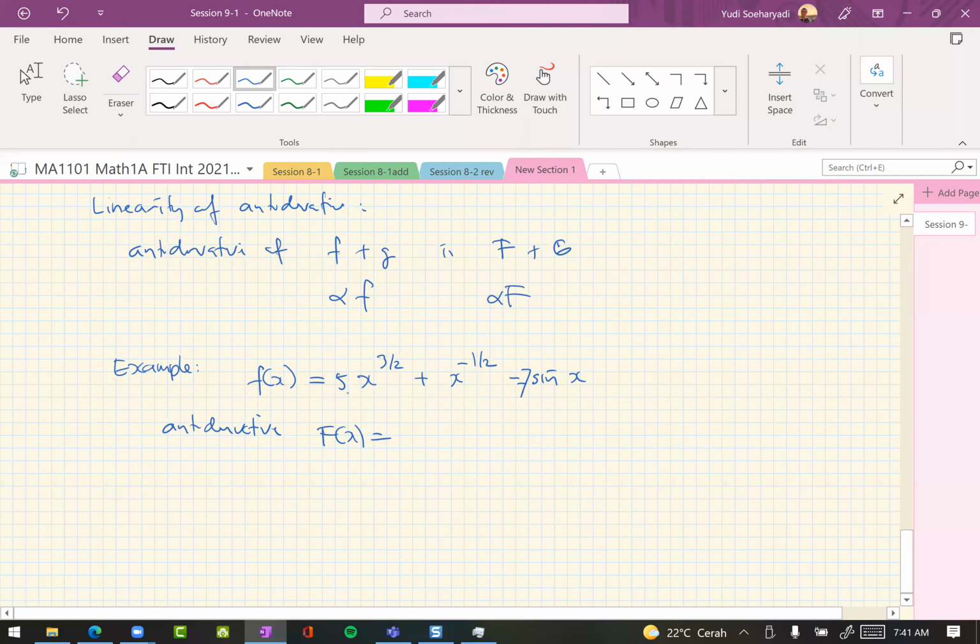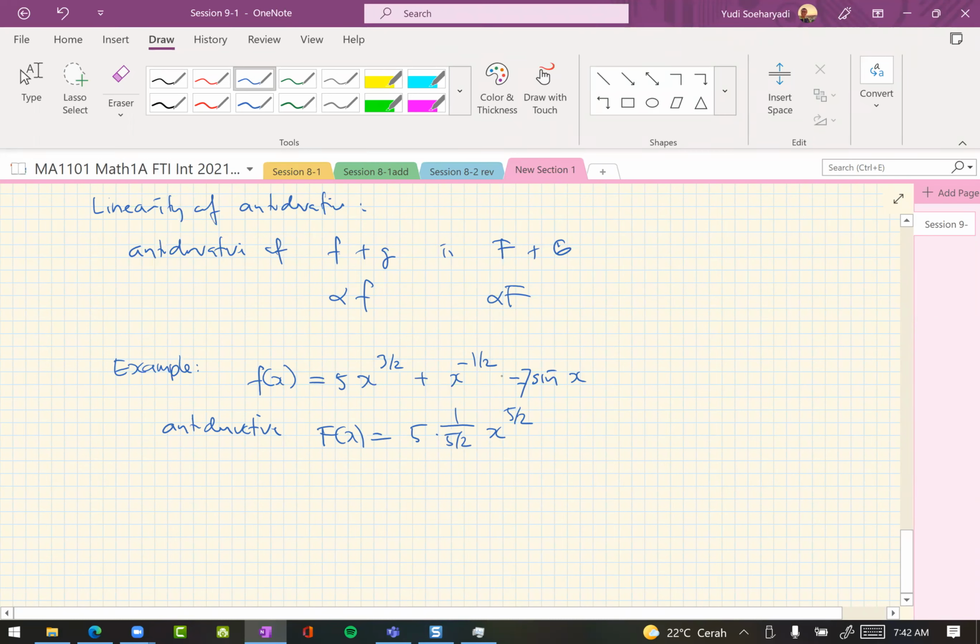So 5 remains 5, but then increase the power by 1, so three halves becomes 5 halves, and then 1 over the power 5 halves.